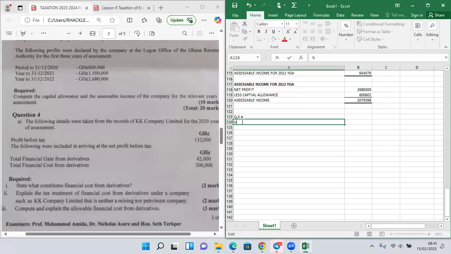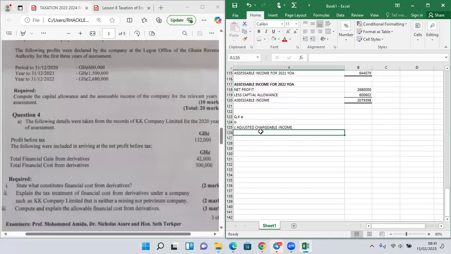We've done B. Then we are on C. So with C, we are going to do the adjusted chargeable income. So the Ghana cedi is already here.